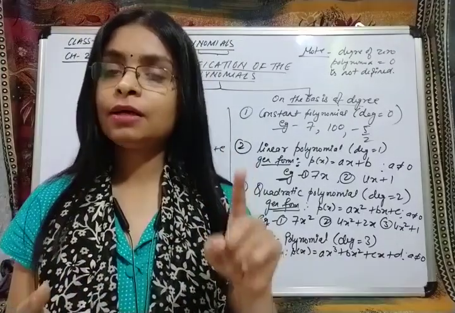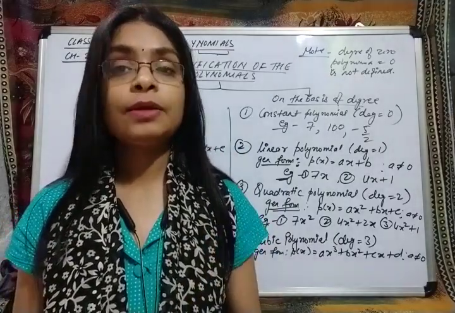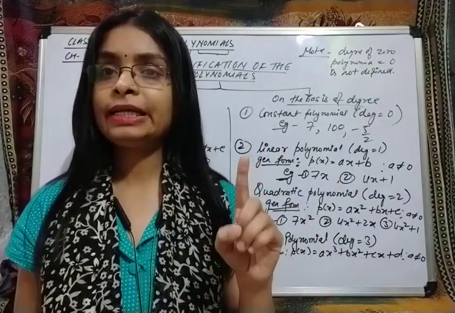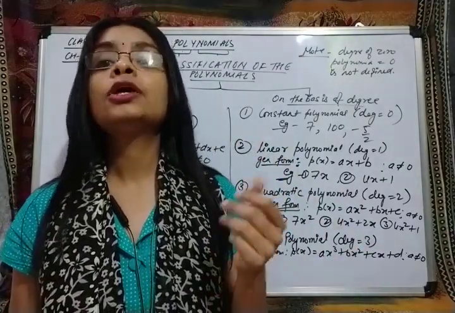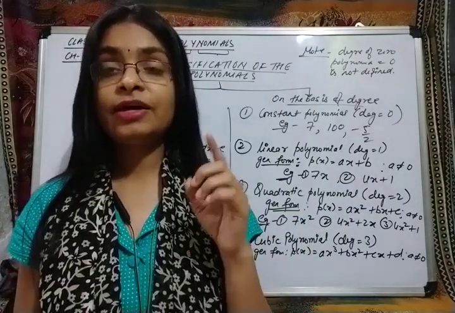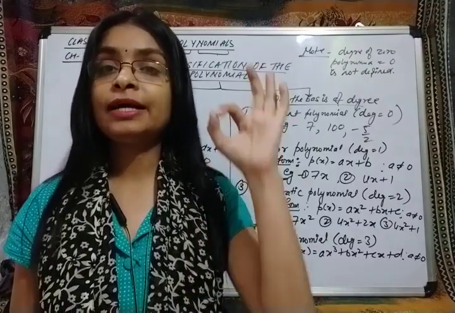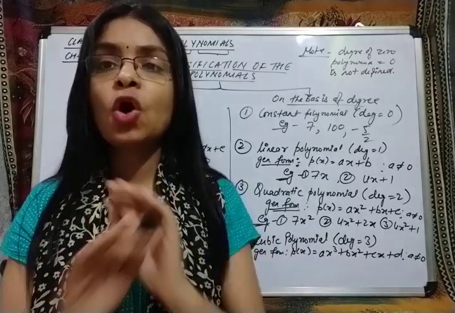Monomial 1 term, binomial 2 terms and trinomial 3 terms. And on the basis of degree, 0 degree constant polynomial, 1 degree linear polynomial, 2 degree quadratic, 3 cubic, 4 biquadratic. Okay, and one exception is also there, that is what? 0 polynomial. 0 polynomial, that is only 0. This 0 polynomial whose degree is not defined.